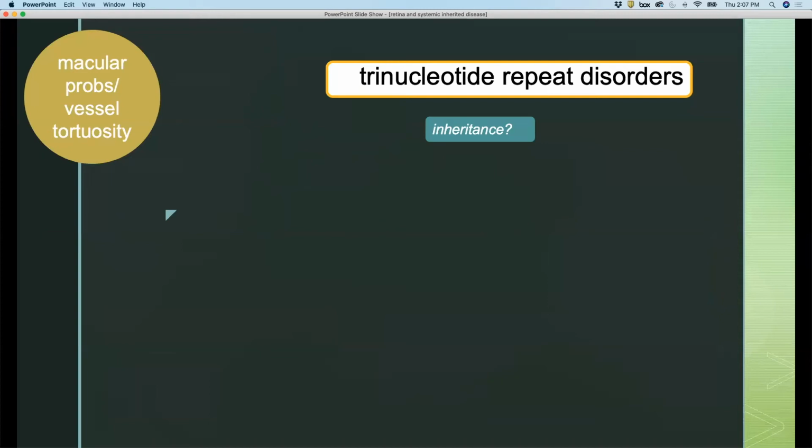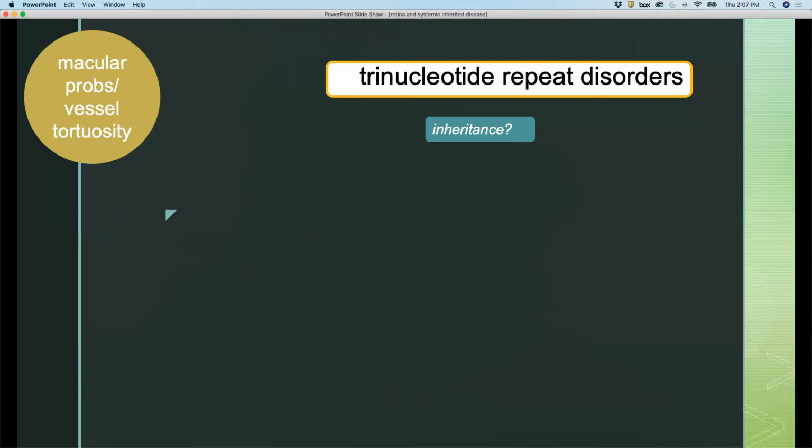So can you think of a non-eye relevant trinucleotide repeat disorder? Like the most famous one that you might have studied in medical school? I cannot recall it right now. I'm drawing a blank too, but you have Huntington's disease.